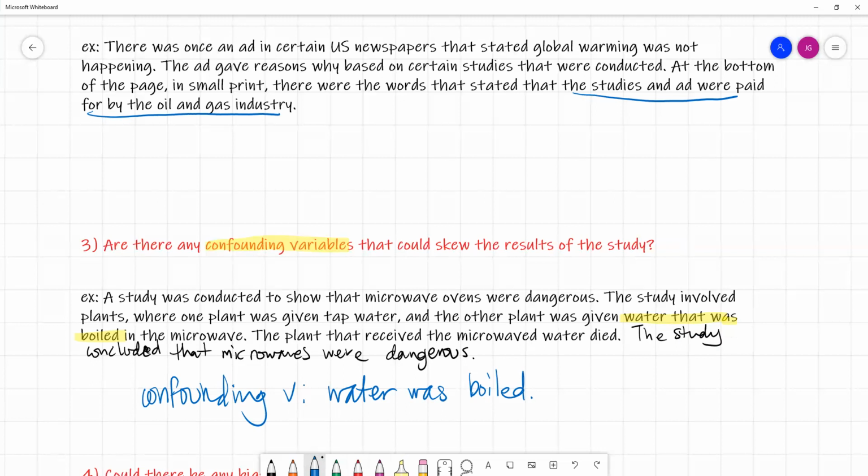Okay, this is not to rule out that microwaves are bad. This does not immediately say, okay, because the water was boiling, it's not the microwave. It could very well still be the microwave. We don't know, but we cannot say that it wasn't the boiling water, right? You have to account for these confounding variables, these other possibilities that might screw up your study.